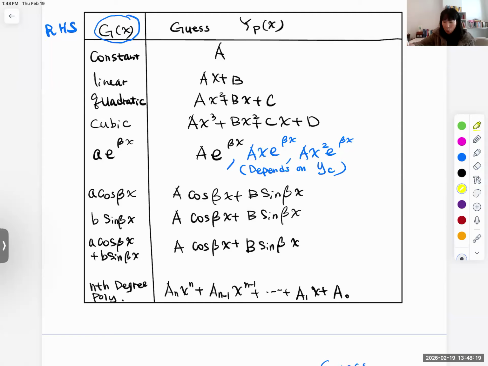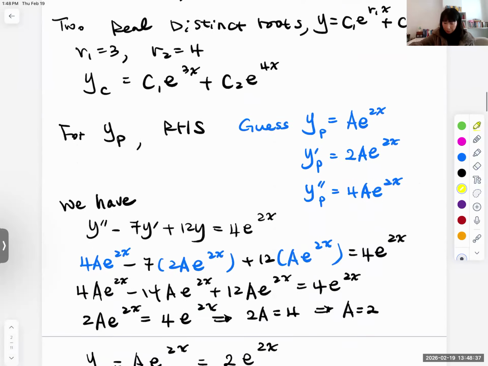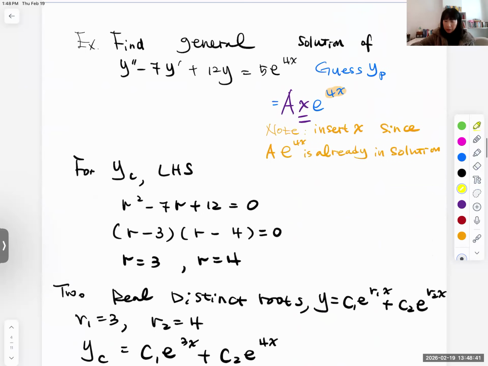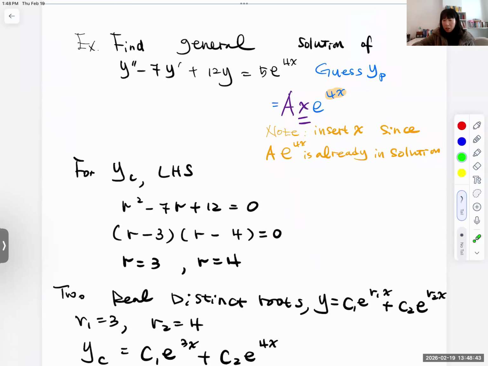Otherwise, it's the same form. We cannot get such an a, yeah, because it will get rid of the other terms together. All right? Okay. Now, so we are inserting x. So we guess a x e to the 4x.